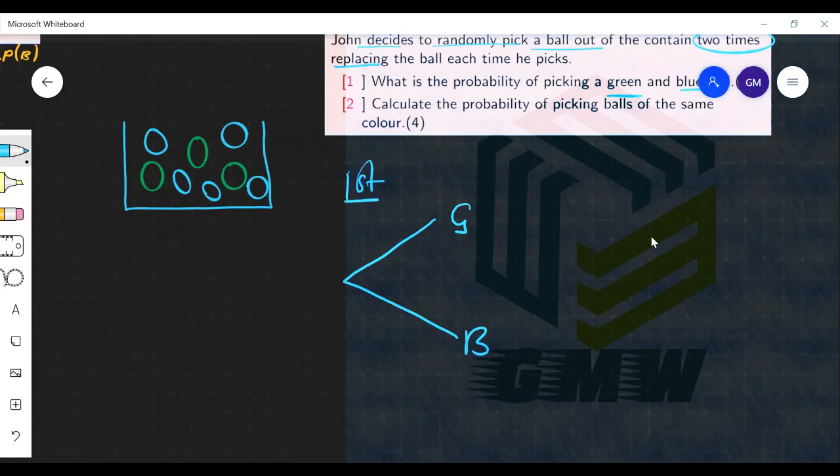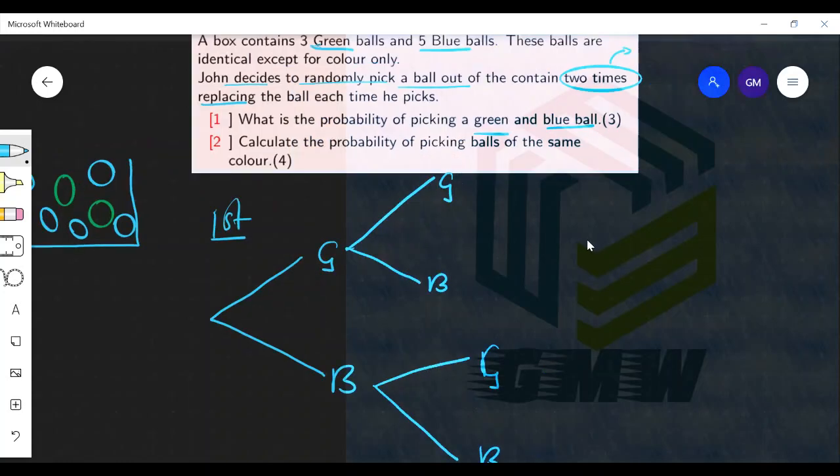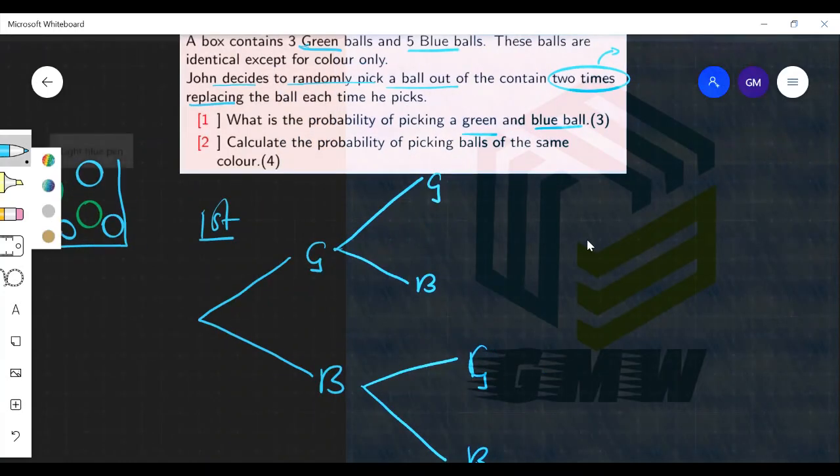Then if he continues to pick again for the second time, the colors will still be green and blue. Then at the end, you will have what we call possible outcomes.